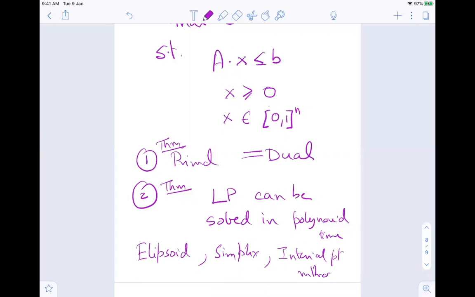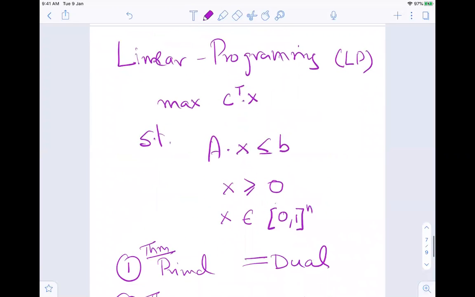There is a collection of work, and even now it's a massive area in mathematics: coming up with efficient algorithms for solving LP. We now know that you can do it in polynomial time.